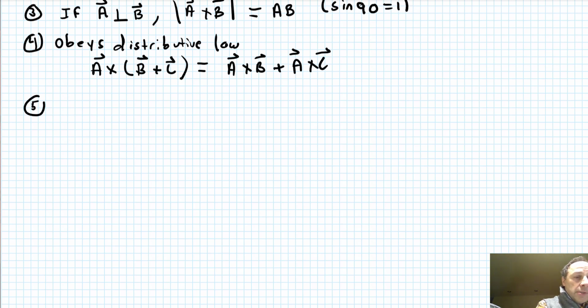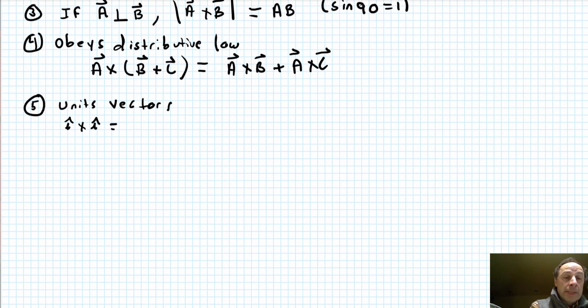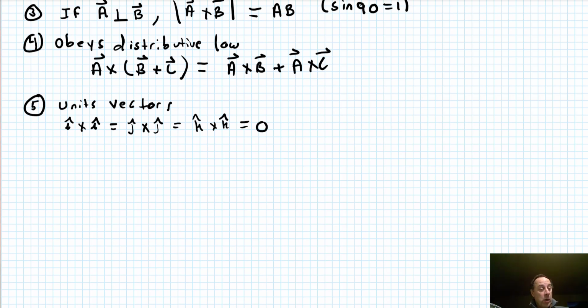And then unit vectors. Exactly the opposite of what we had for dot product. So for unit vectors, when the unit vectors are the same, i cross i is the same as j cross j, is the same as k cross k. All those are 0. Whereas for the dot product, they are all 1. Now, i cross j is k.